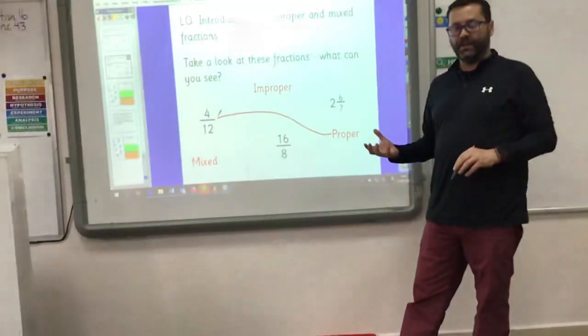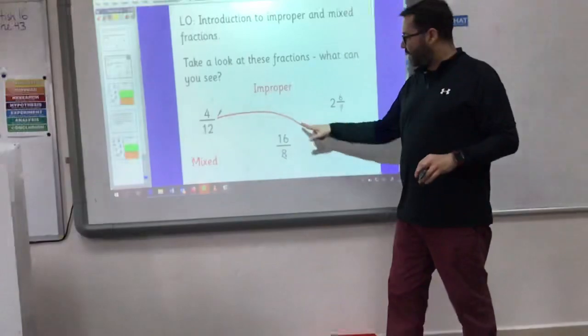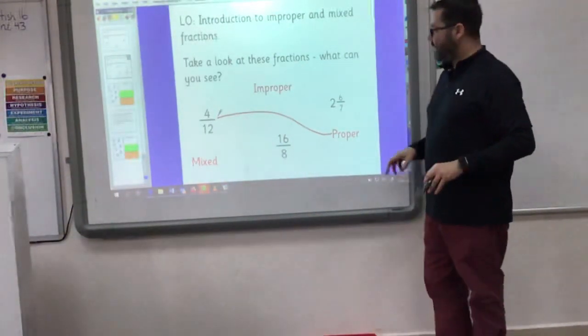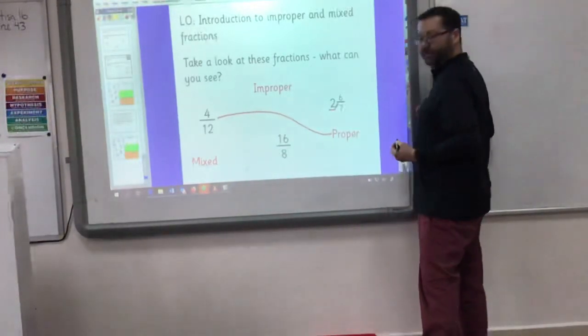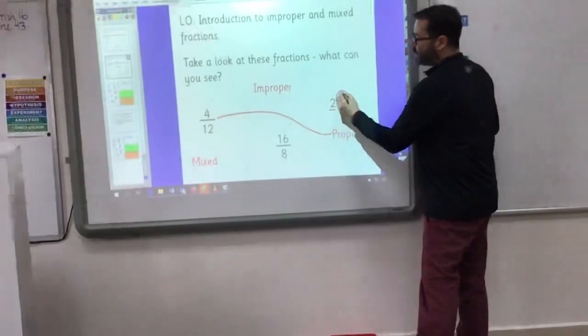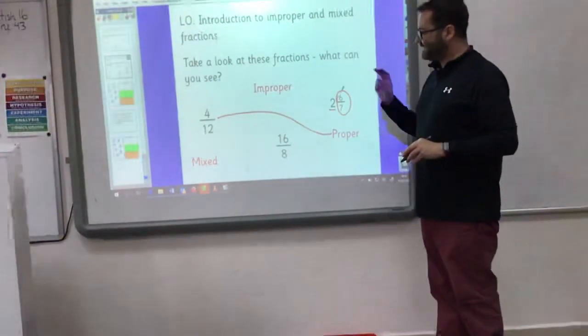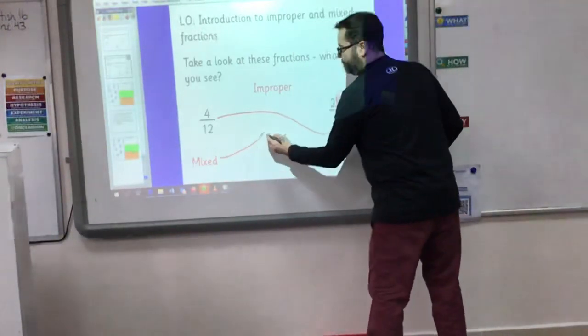There has to be two different elements. And the only fraction here that has two different parts that I can see is this fraction, because it has a whole number, 2, and a fraction of a number, 6/7. So it makes the most sense to me that this fraction must be a mixed fraction.